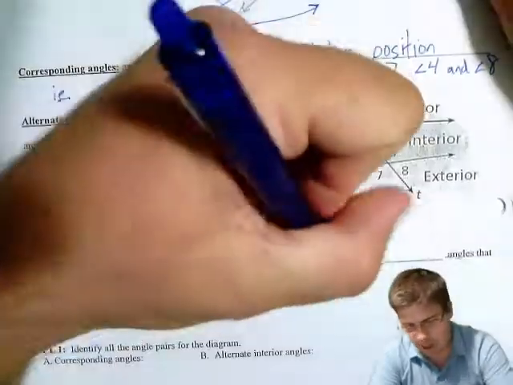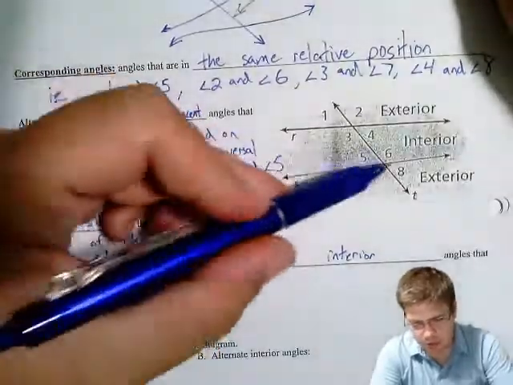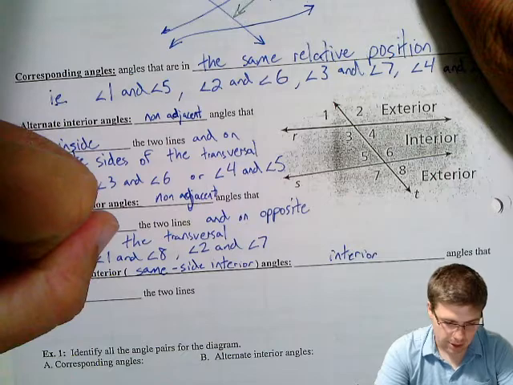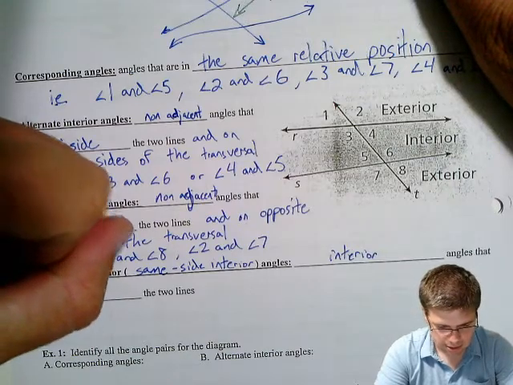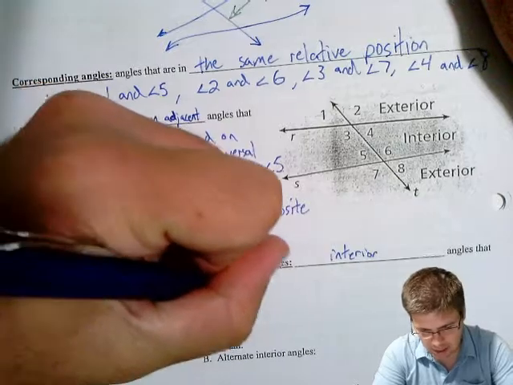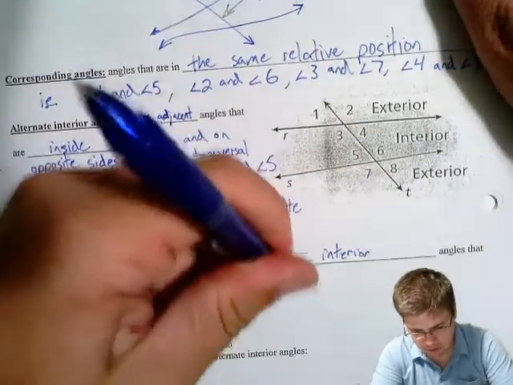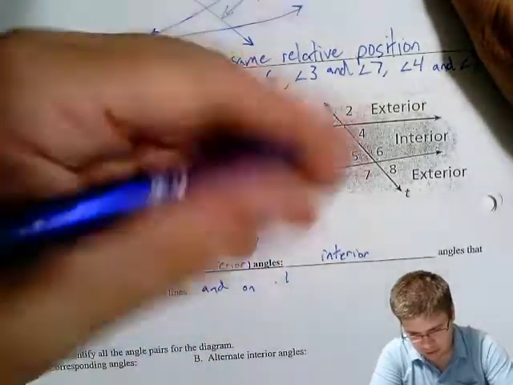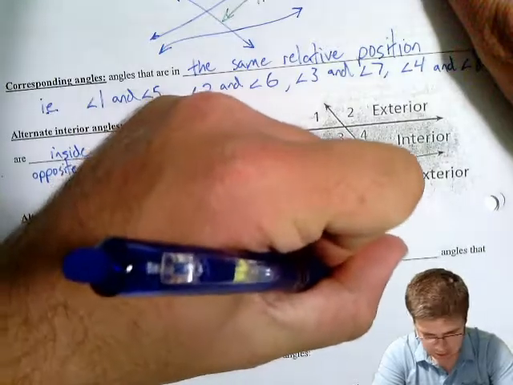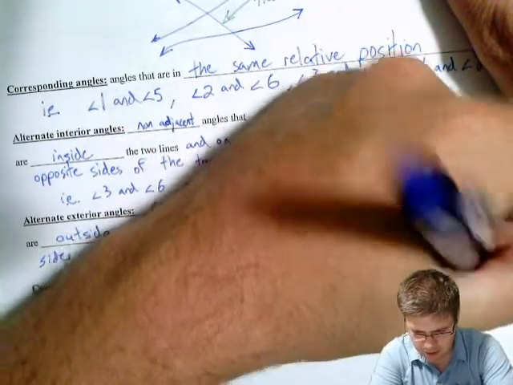These are interior angles, so they're inside the two lines and on the same side of the transversal.